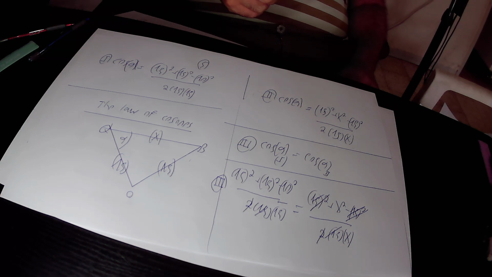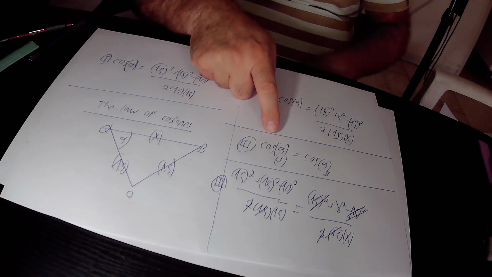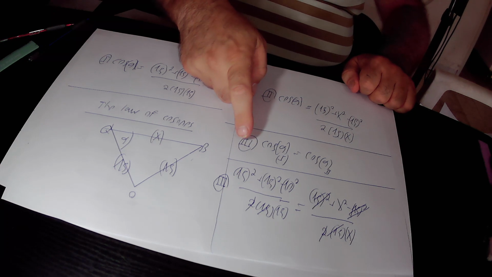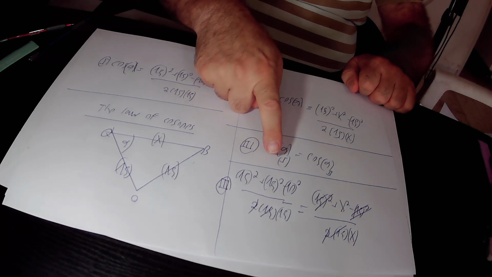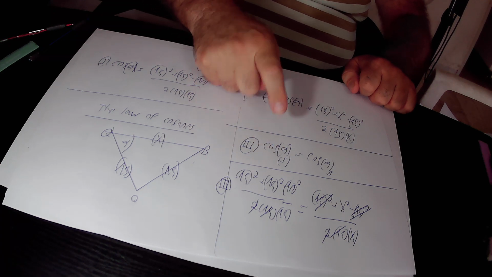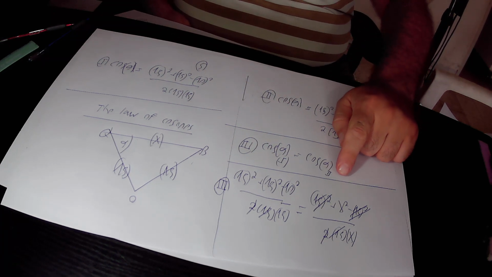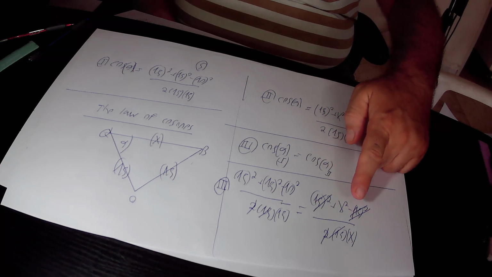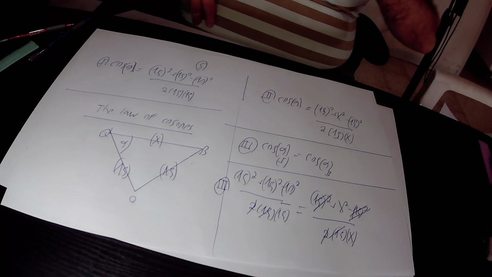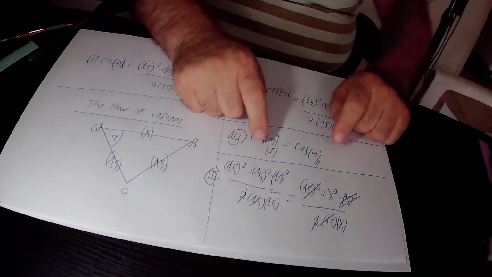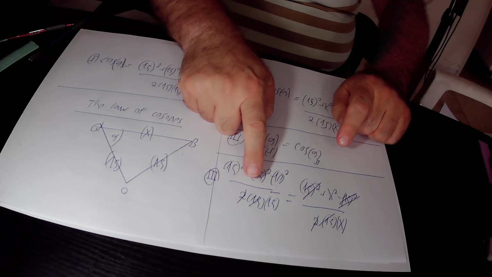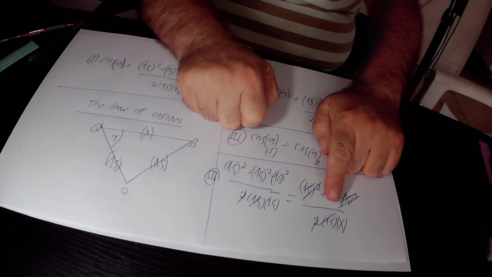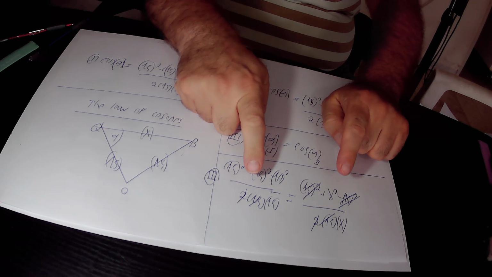Therefore, we created equation 3, which says that cosine alpha according to equation 1 must be equal to cosine alpha according to equation 2. Cosine alpha according to equation 1 equals 15 squared plus 15 squared minus 10 squared over 2 times 15 times 15. And it must equal cosine alpha according to equation 2, which is 15 squared plus x squared minus 15 squared over 2 times 15 times x. We have 2 times 15 in the denominator of both expressions, so they get cancelled.